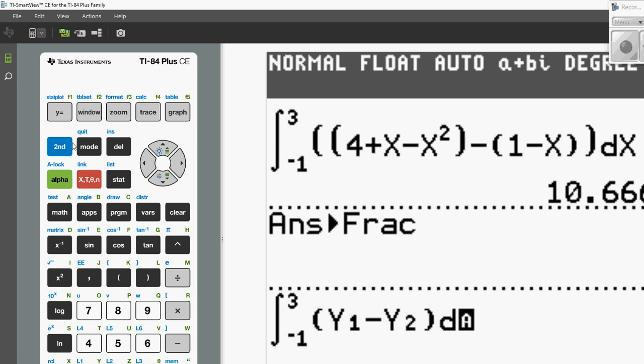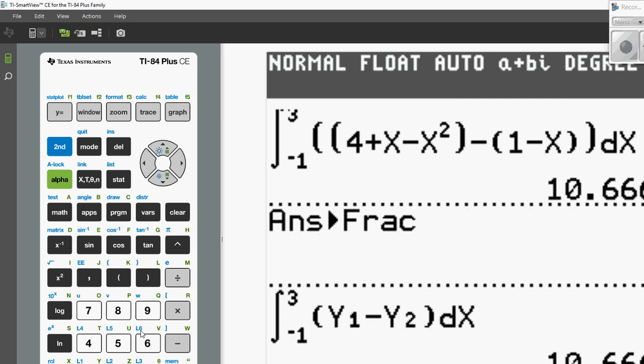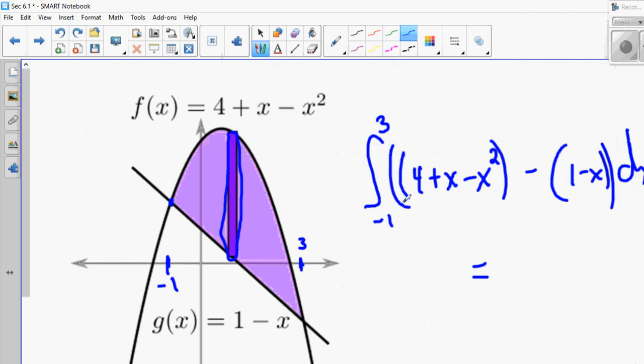I don't need to type the full functions in. I can just say y1 minus y2, and I can get my answer that way. That will become much more useful as we go on. That can make your life a little bit easier. If you don't have to, you can always just type it in straight out. But for some of you that makes sense.